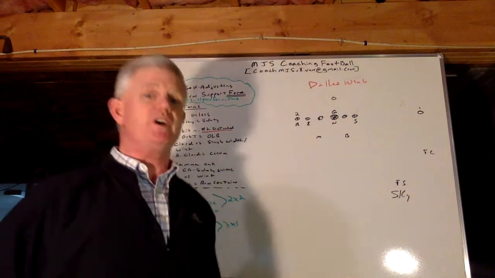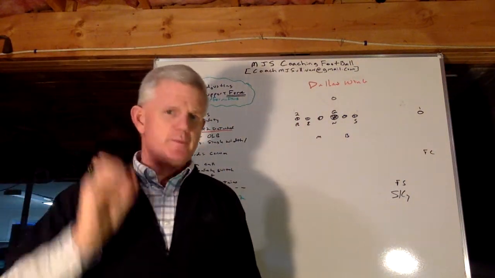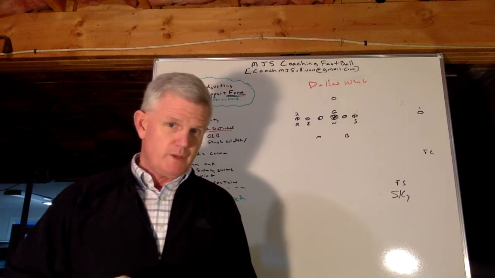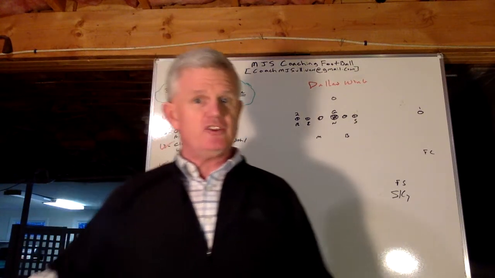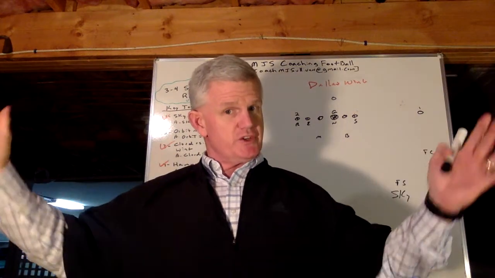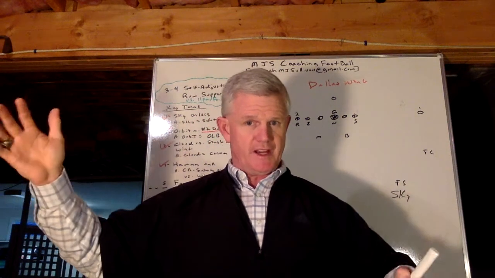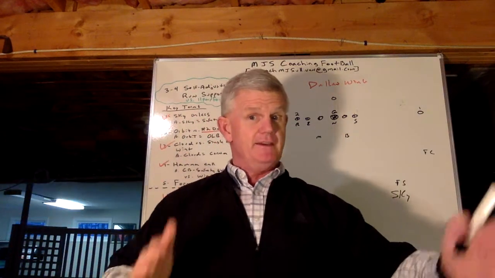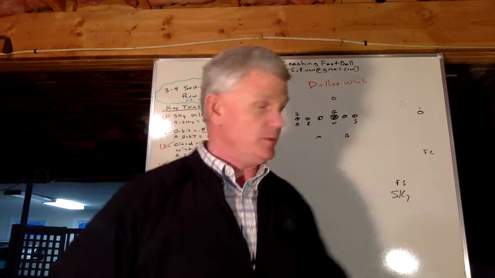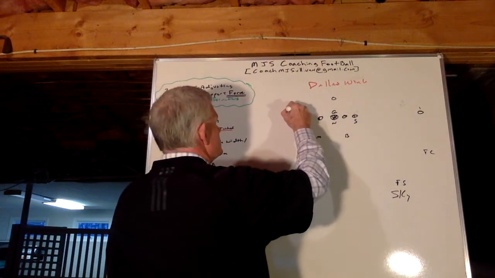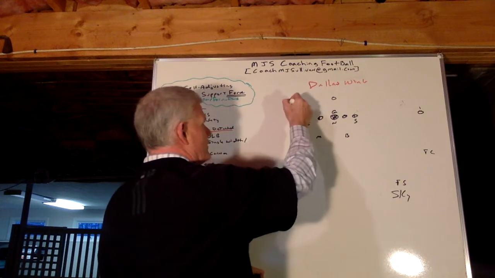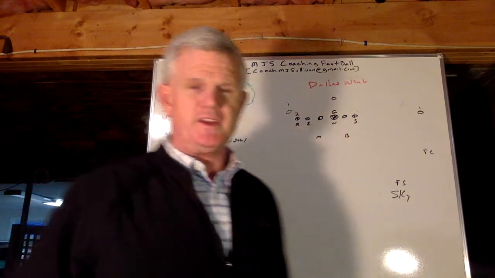But what we also tell them is confirm the formation. You're not necessarily going to get a 12 personnel formation, which are different formations with the 2 tight ends. You might get an 11 formation. So the 2 tight ends come out, and one's a wing, one's the tight end.